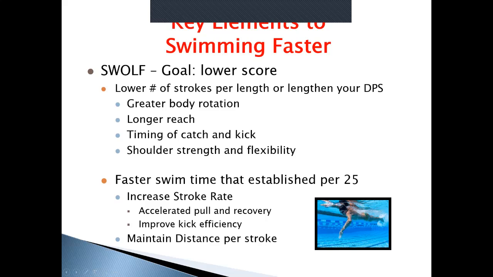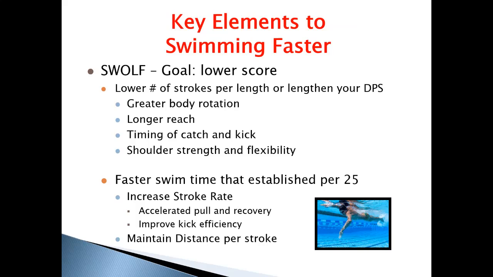So when you lower the number of strokes per length, do that by increasing your body rotation, having a longer reach, and improving the timing of your catch versus your kick. Because remember, your kick is ultimately an anchor for your catch.